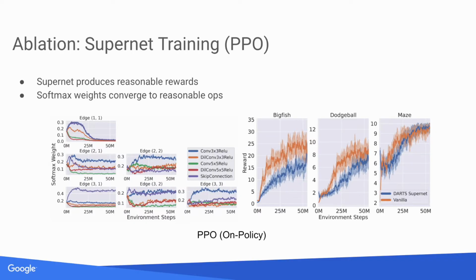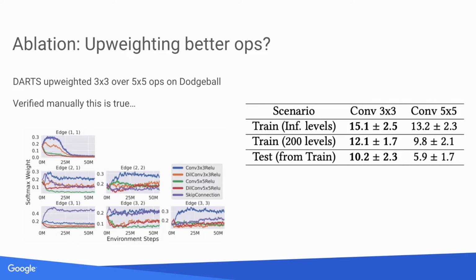I will now present extensive ablation studies to verify that all parts of DARTS work as intended. We first look at how the supernet trains. For PPO, we see that the supernet produces reasonable rewards against the baseline, and furthermore, that softmax weighting converges to reasonable operations. Following up on the softmax weighting, we found that 3x3 convolutions were weighted strongly over 5x5 ones for the Dodgeball environment.